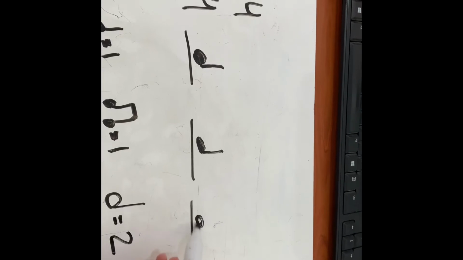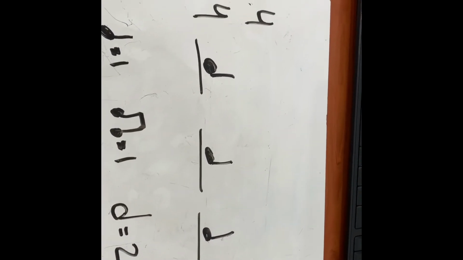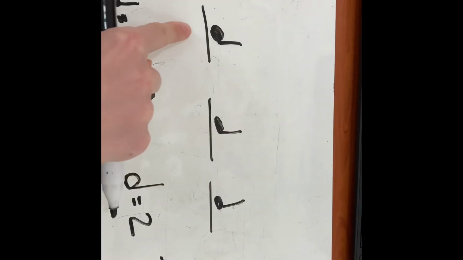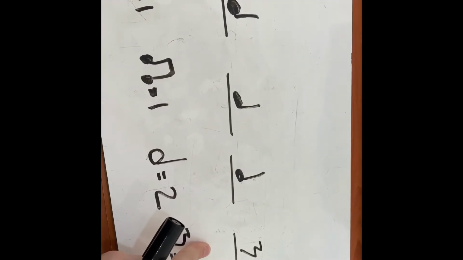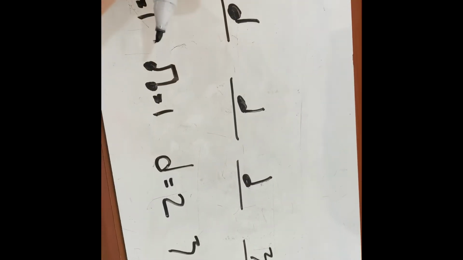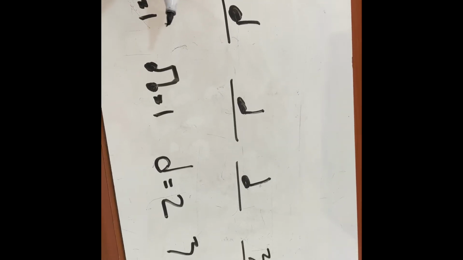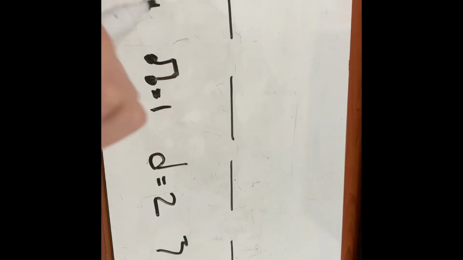I'm going to keep things simple and use another quarter note. And then I'm going to switch things up and use a quarter note rest. So right now I have 1, 2, 3, 4 beats. This matches the top number of my time signature. So this is a complete measure. This is good.